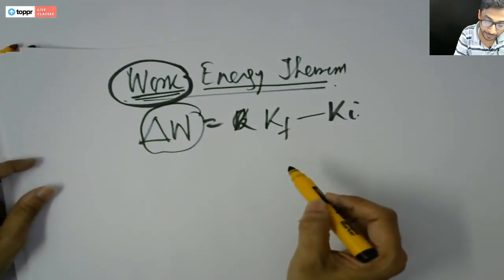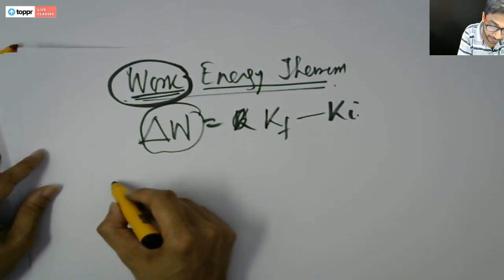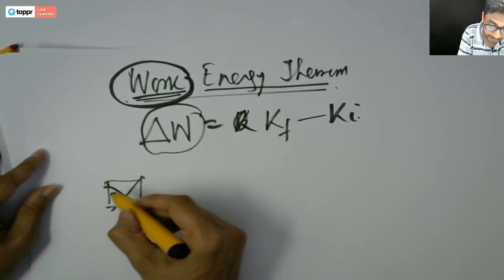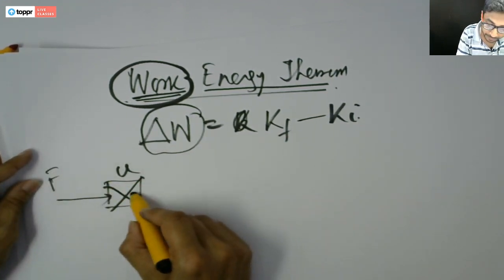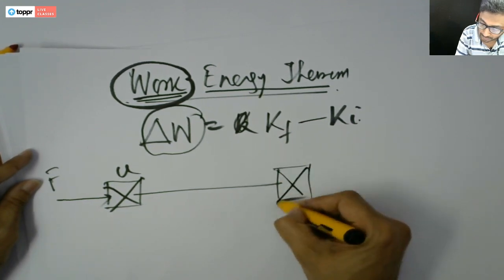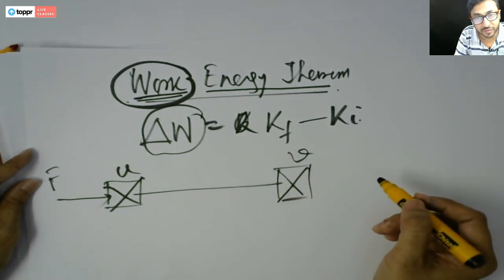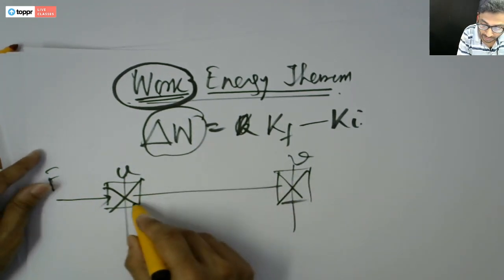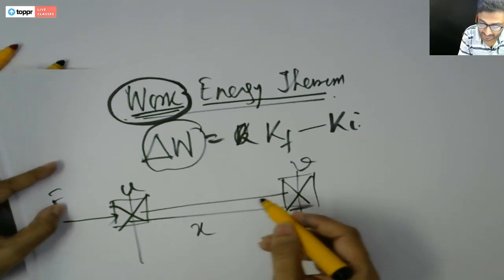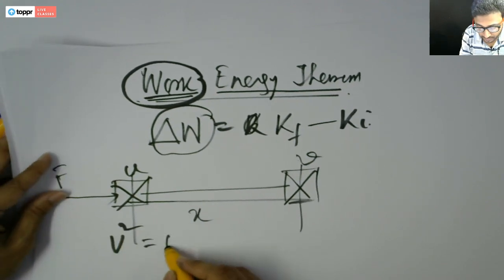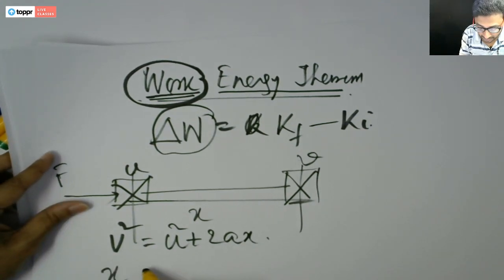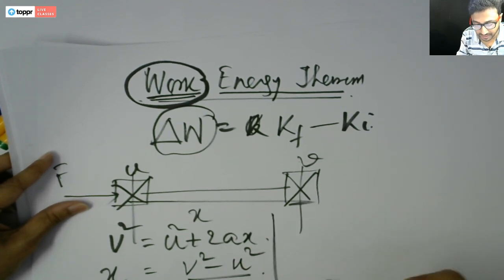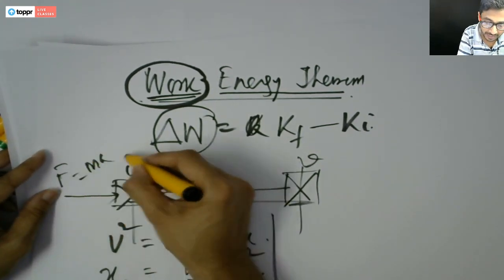We can see it like this: say a body is moving with a velocity u. With a similar approach, the final velocity reached is v upon a distance of x. So definitely we can write v square equals u square plus twice ax. So ax is nothing but v square minus u square by twice a. F is nothing but m into a.